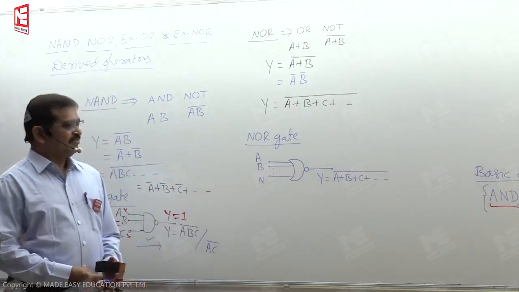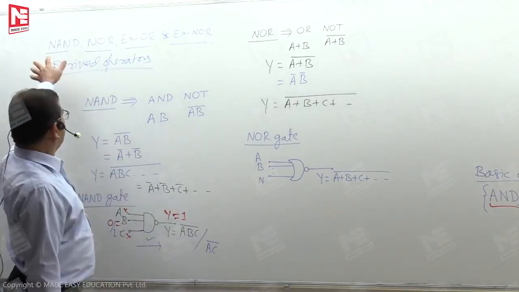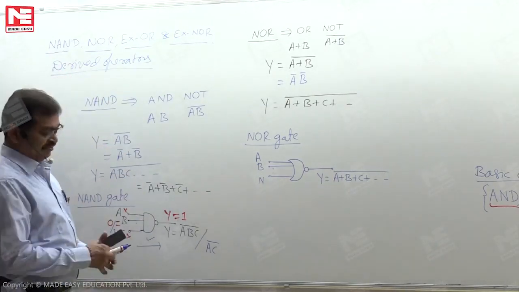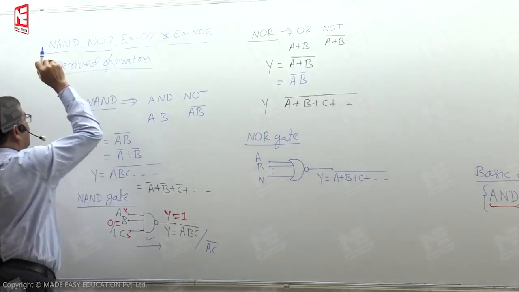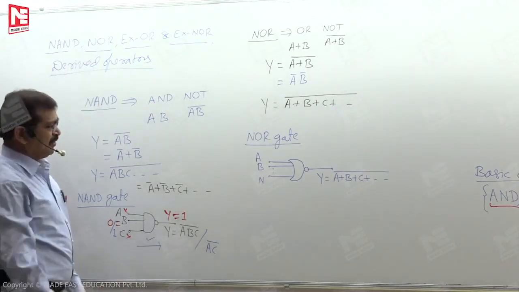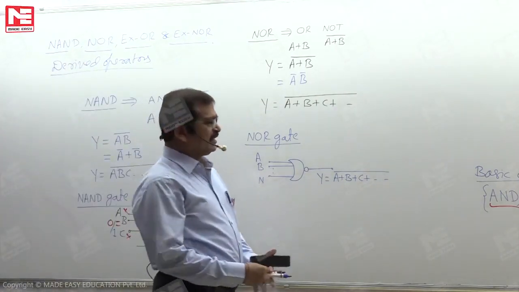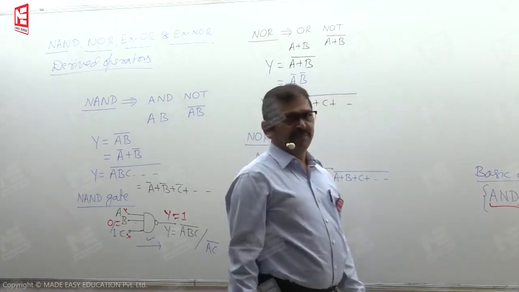So you might have understood by this time why we named these operators as the derived operators. In the definition of this NAND, or in the definition of this NOR operation, we are having basically the usage of a few of these basic operators.